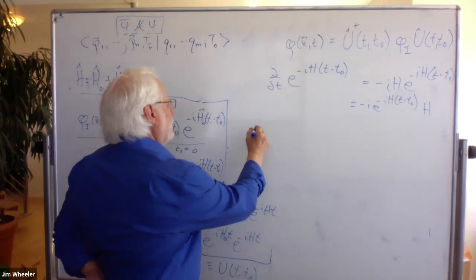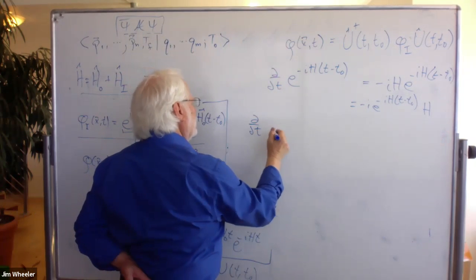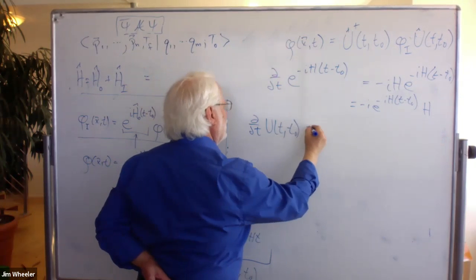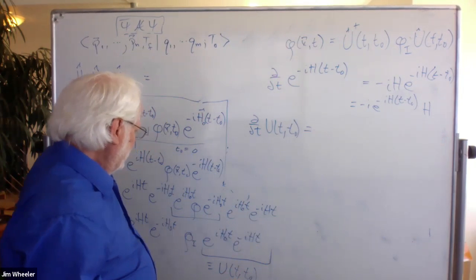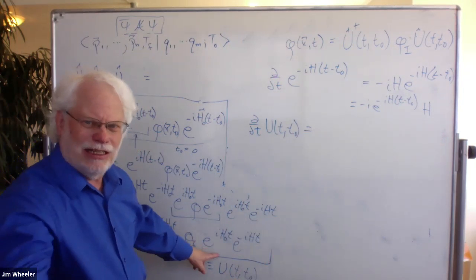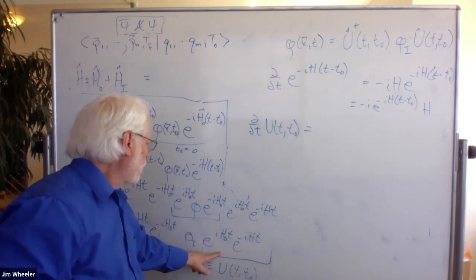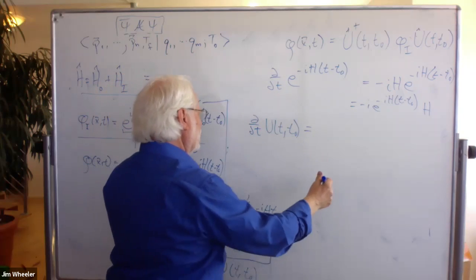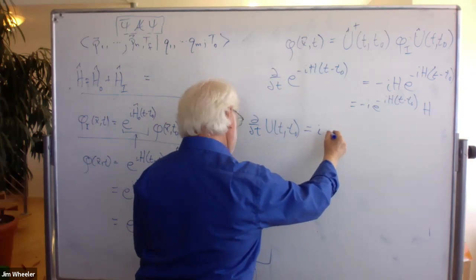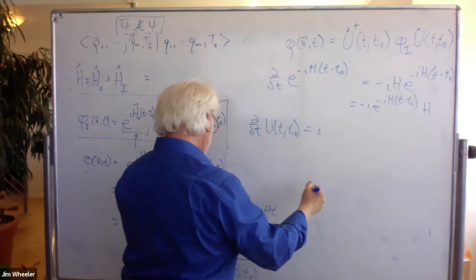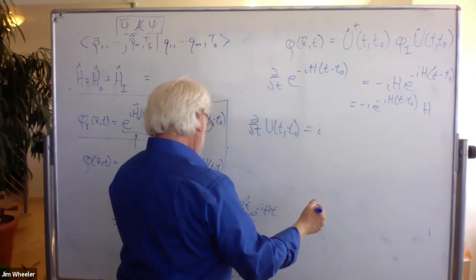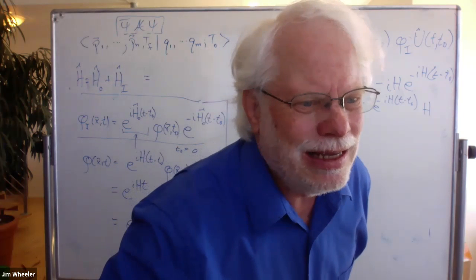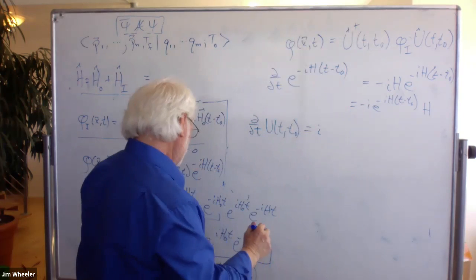What that means is if I take the time derivative of u of t and t naught, now I'm going to get, right? U is this thing down here, it's this product. So I'm going to get one term where H naught comes down. I'm going to have e to the, let me remind myself, yeah.